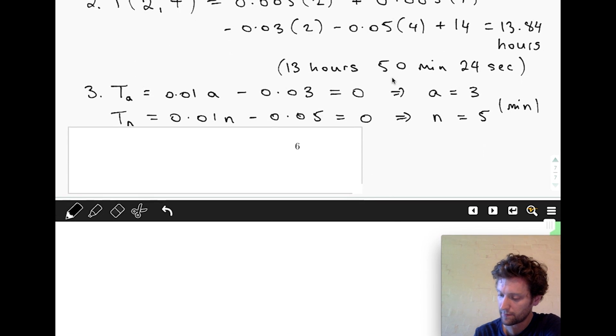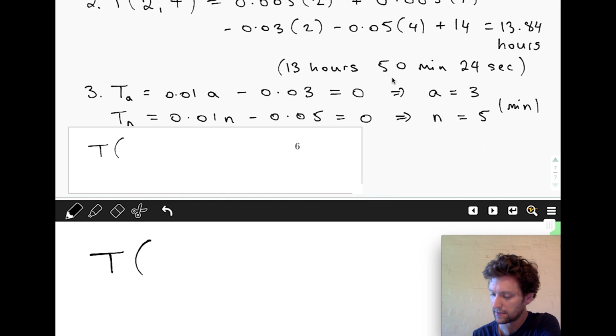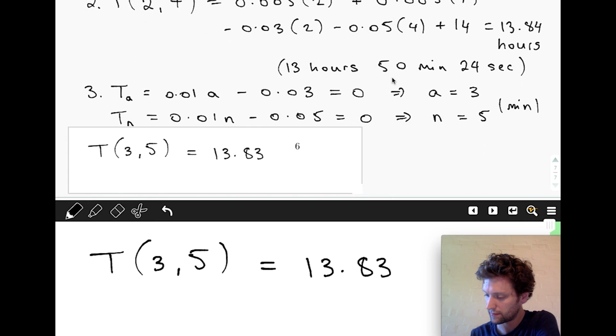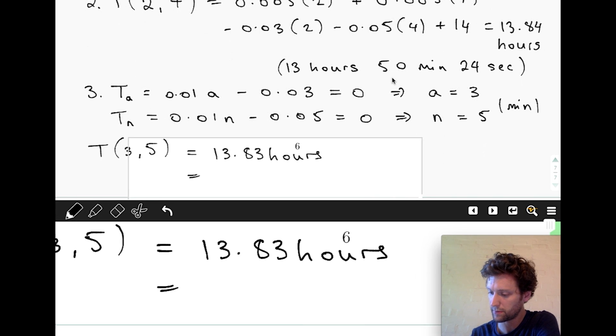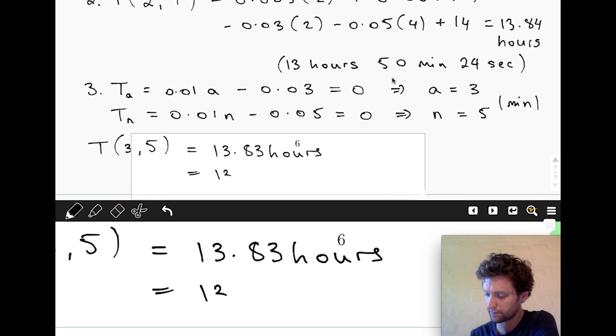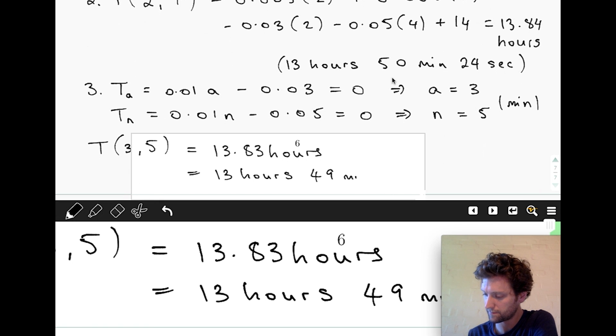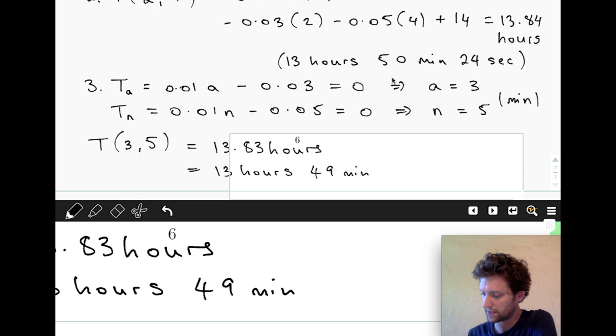So what is the time taken at A is equal to 3 and N is equal to 5? Well, if you substitute that in, you'll get 13.83 hours, which is about 13 hours 49 minutes and 48 seconds.